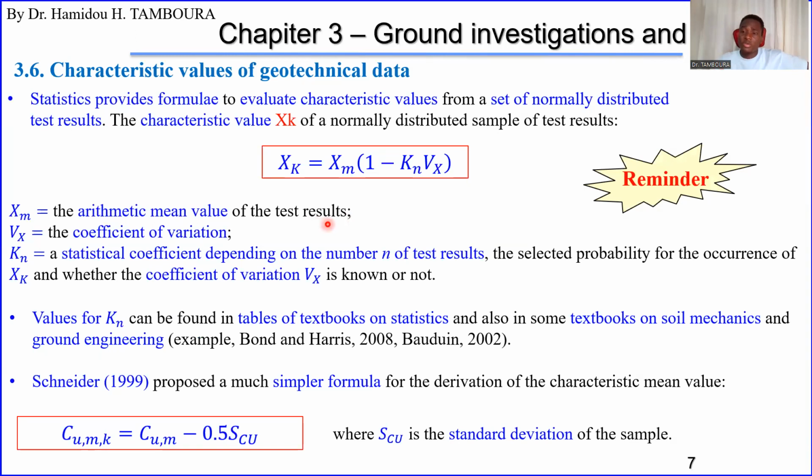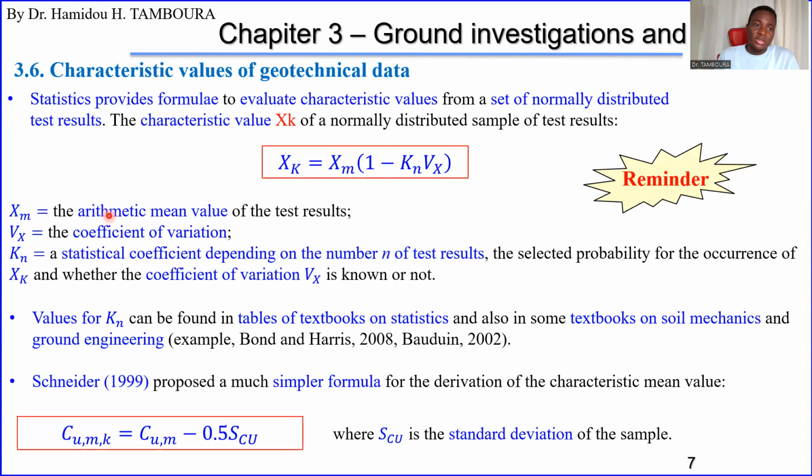For example, if you have many soil samples, and each sample gives you a value, for example internal friction angle or cohesion, any geotechnical parameter, you take the mean of all the values, and you get this Xm.